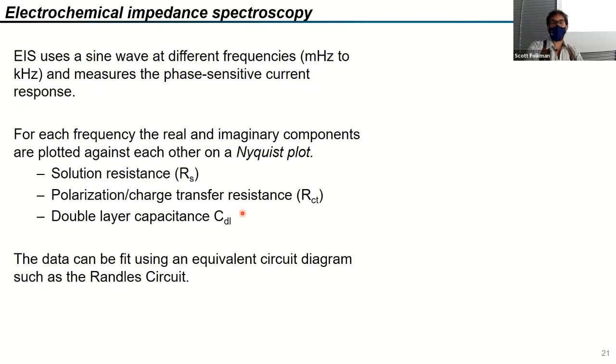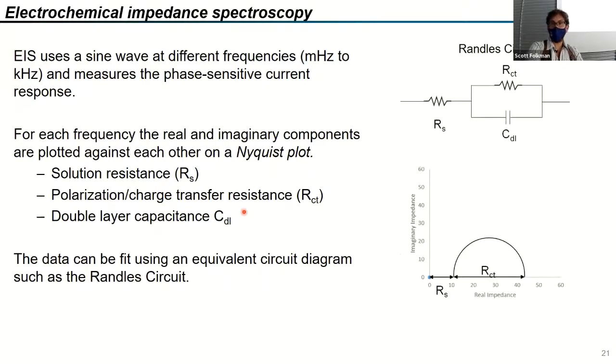And typically the data is fit using an equivalent circuit diagram, where we treat certain aspects of the electrochemical cell as if they were electrical components. The most common one being the Randles circuit, where we have this solution resistance that's in series with a parallel circuit that is both the charge transfer resistance and the double layer capacitance. So you can think about this as the bulk solution, and then this is the electrode solution interface.